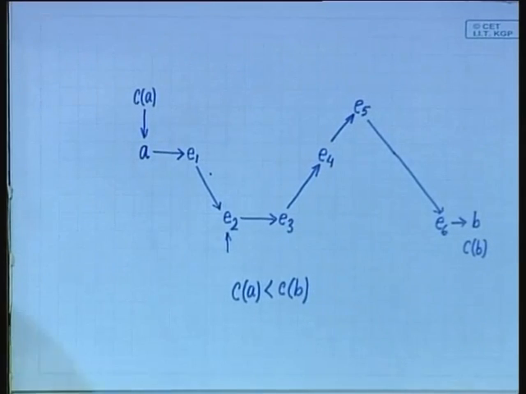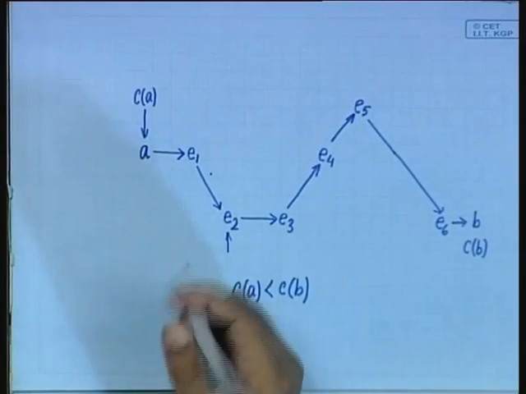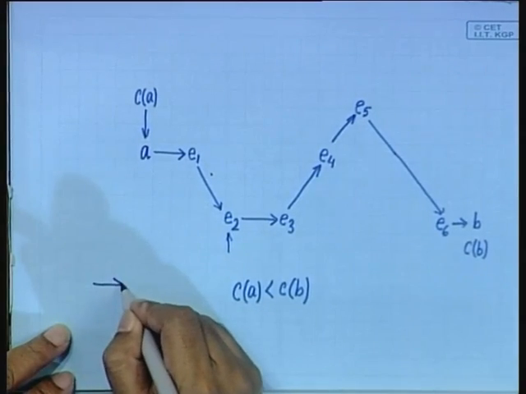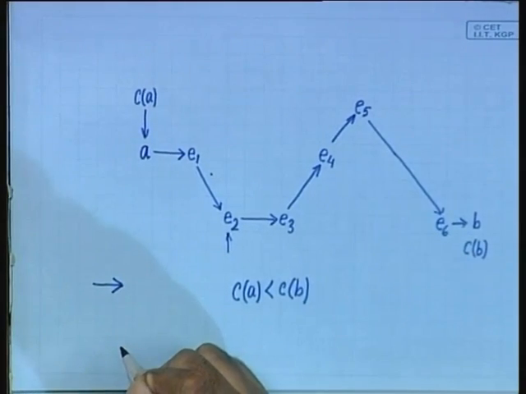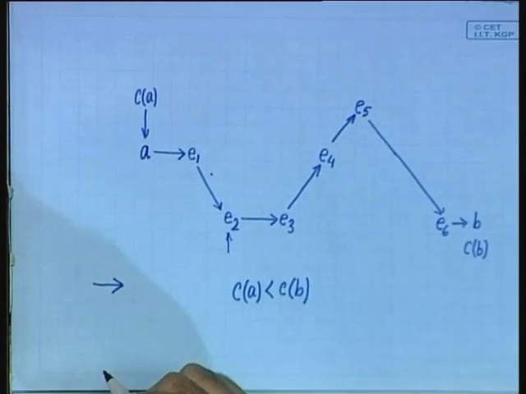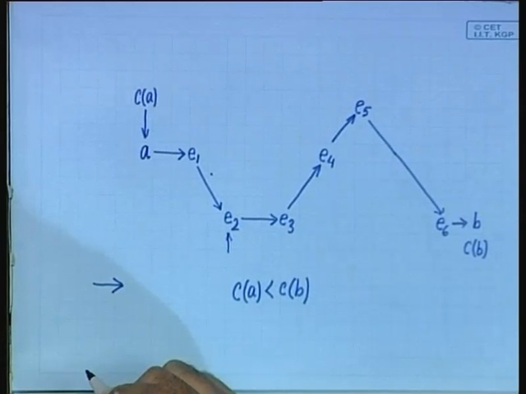Now the second thing that we need to know is that this happen before relationship defines a partial order. It does not define a total order. Why? Because there are events which are concurrent, right.